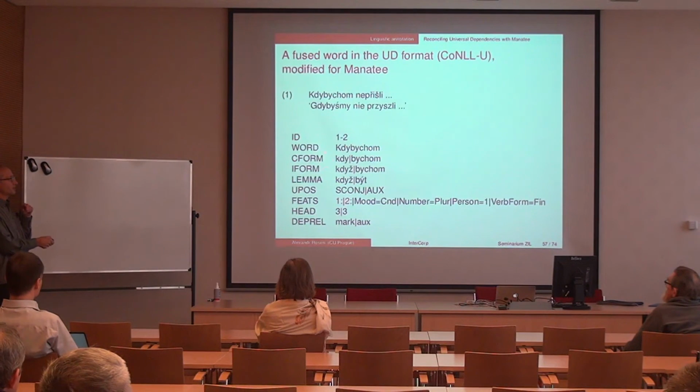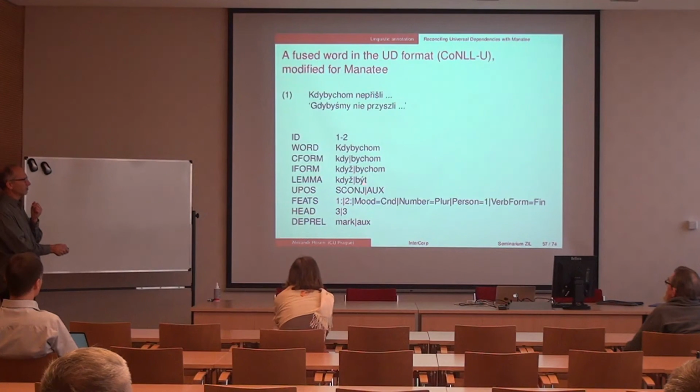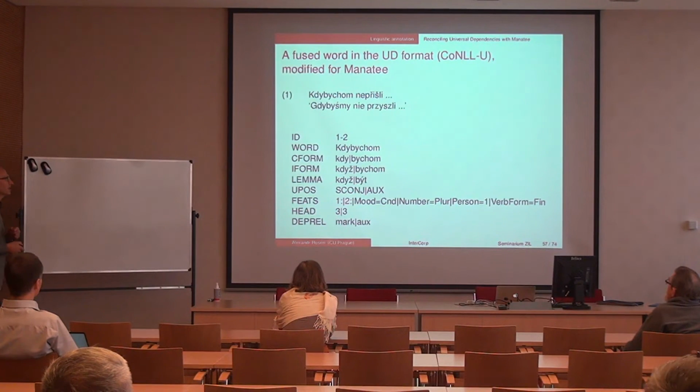So you have a concatenation of those forms, and you assume that they are in the same order. The lemma for the first part would be gdyż, and for the second part would be být. So bychom we lemmatize as být.